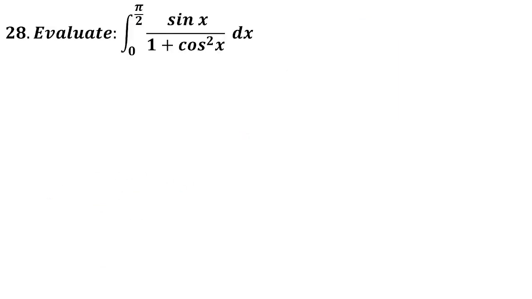Question number 28. Evaluate the integral 0 to pi by 2 of sin x by 1 plus cos square x. By seeing this question, all of you will be tempted to use properties of definite integral. Don't use it, because when you use it, the denominator will become 1 plus sin square x. Therefore, be careful. This problem can be done directly by substitution because the numerator contains the differentiation of cos x.